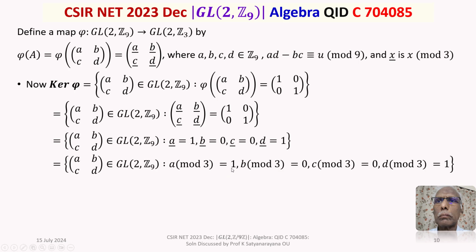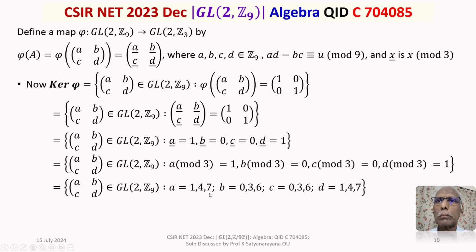So A mod 3 is 1 will tell you A is 1, 4, 7. B mod 3 is 0 will tell you B is 0, 3, 6. And C mod 3 is 0, 0, 3, 6. D mod 3 is 1, 1, 4, 7. So this is the set of all: A is equal to 1, 4, 7, B is 0, 3, 6, C is 0, 3, 6, D is 1, 4, 7.